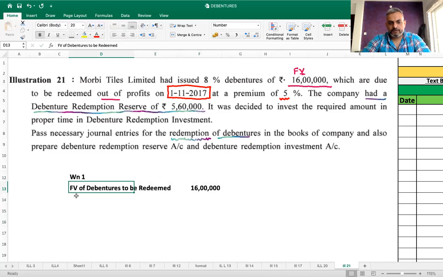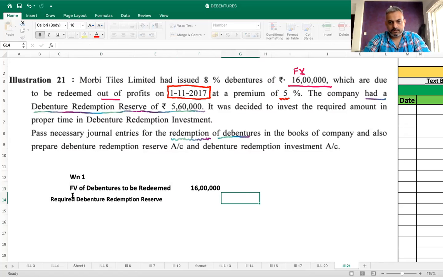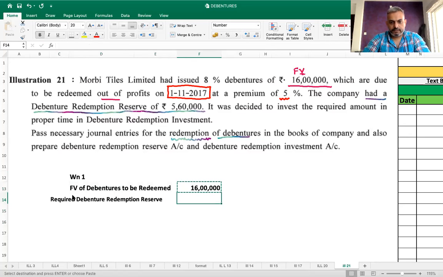Face value of debentures to be redeemed is 16 lakh. So required debenture redemption reserve is again 16 lakh.